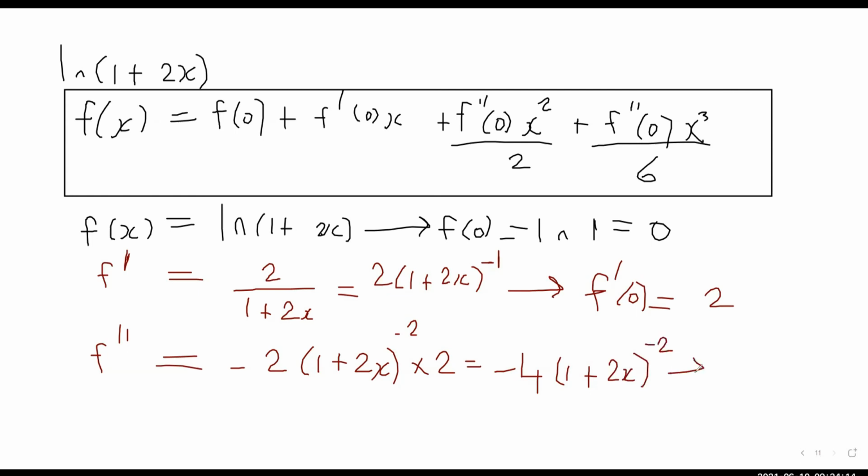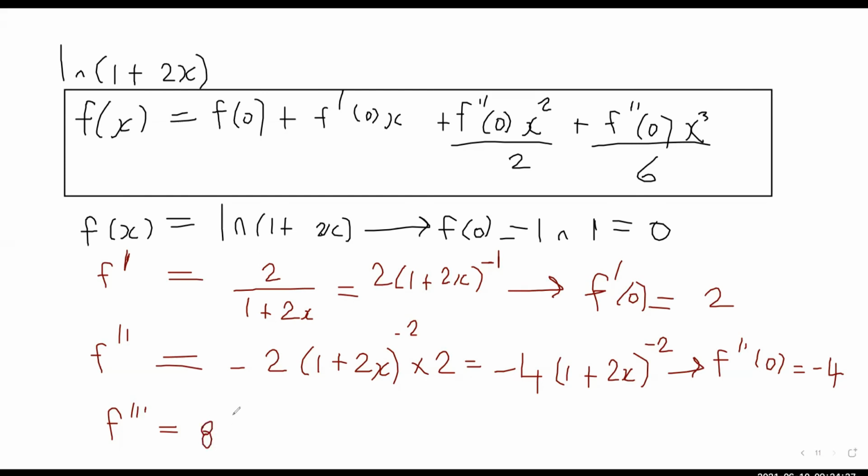So that implies that f double prime of 0 ends up equal to negative 4. Then to get our third derivative, f triple prime, we carry down the power again: minus 2 times minus 2 is now positive 8.